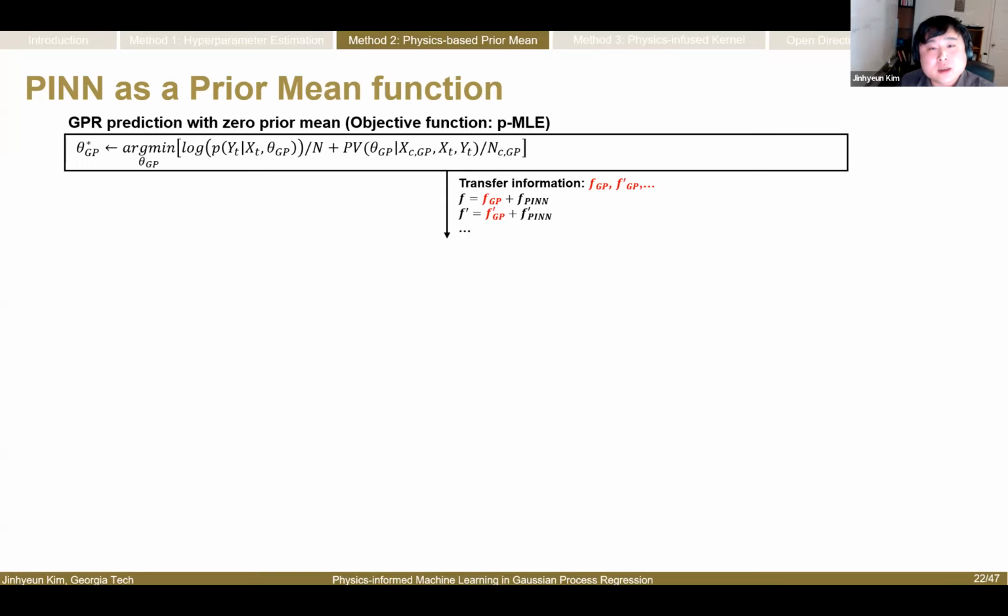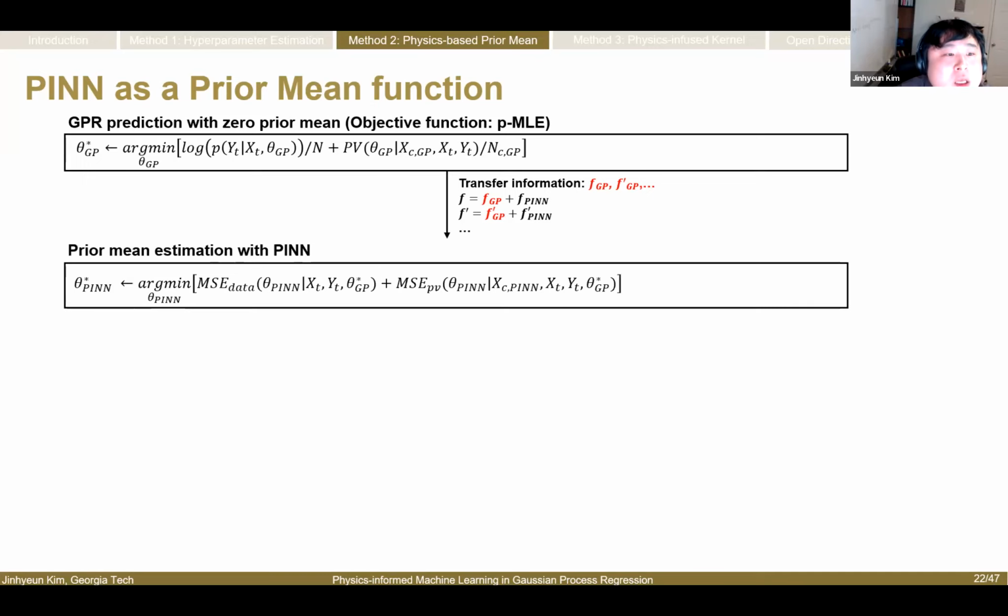We can calculate the output f or f prime or any term that constructs the ODE or PDE formulation. We calculate this value at the selected collocation points and transfer this information to the next step.